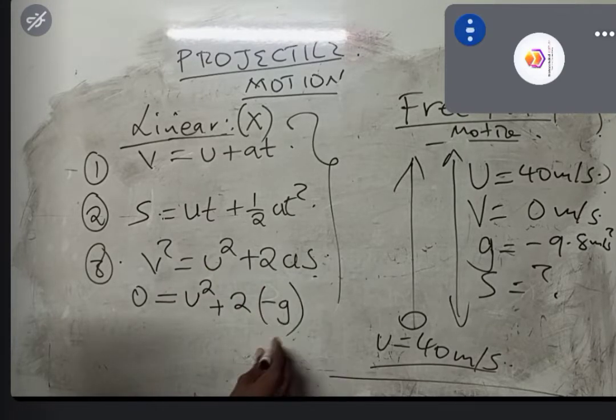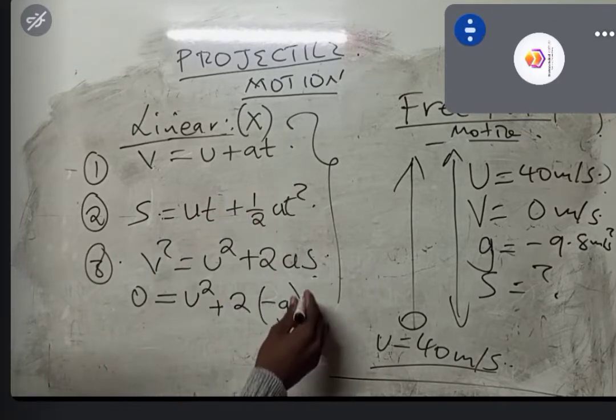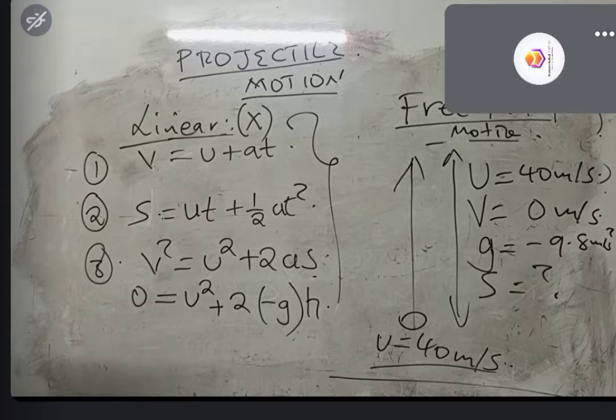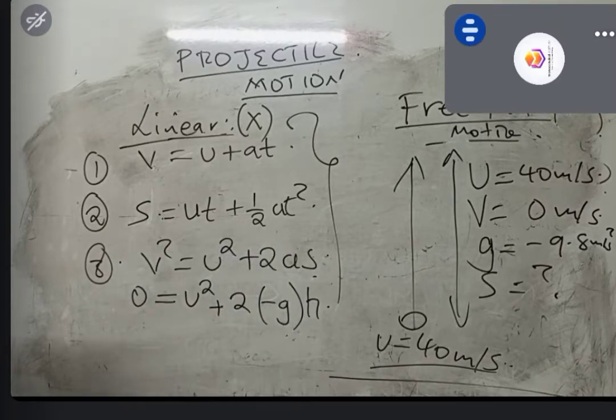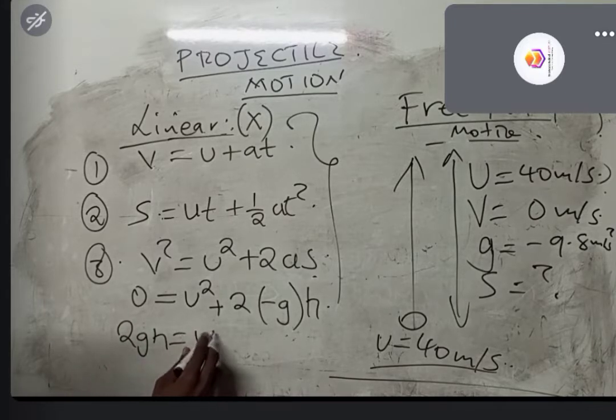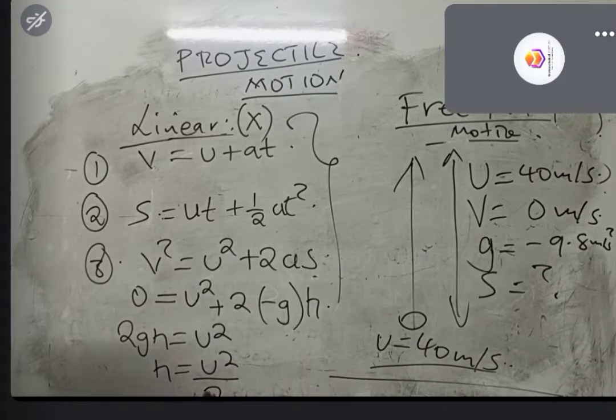So negative g. The displacement or distance is what? The height. So we want to make this the subject. So it crosses to the other side. It will be positive 2gh equal to u squared. If you make h the subject, you have u squared over what? Over 2g. Okay. So this is the formula that you're going to meet under free-fall motion.